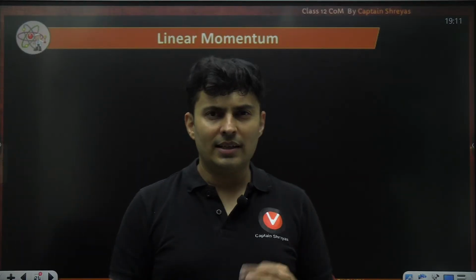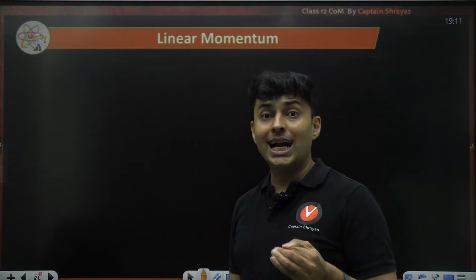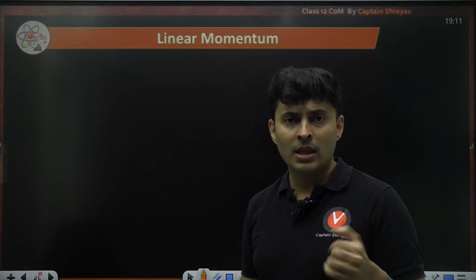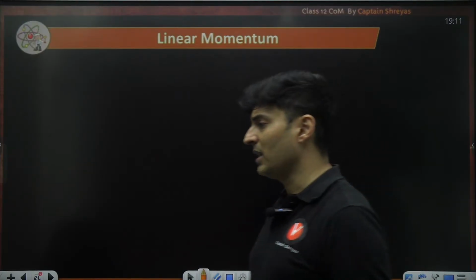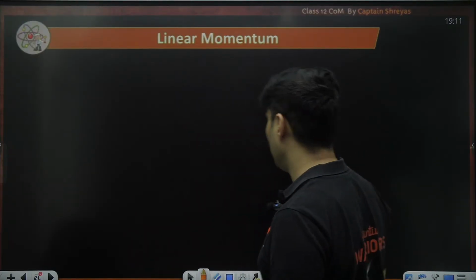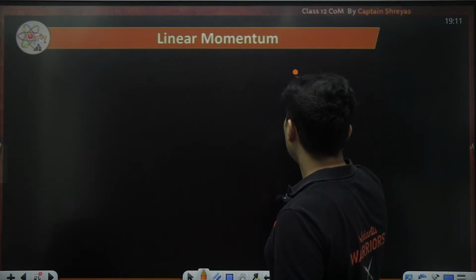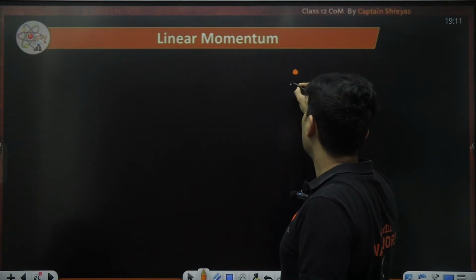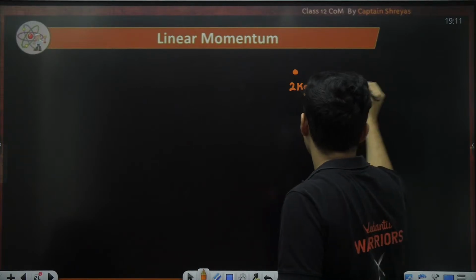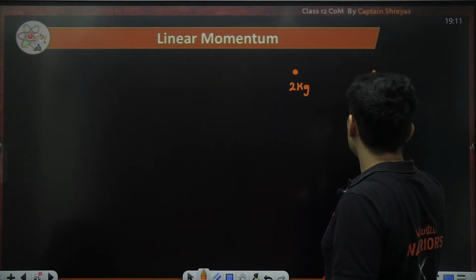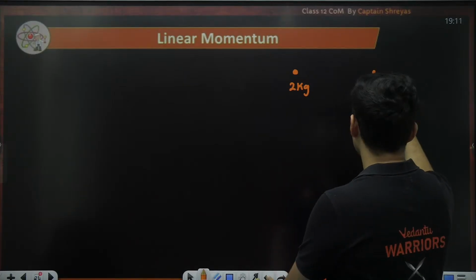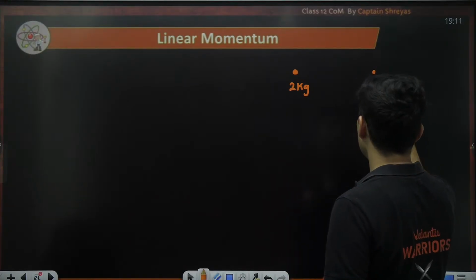Let's say, for example, we try to find the kinetic energy of a system and also the kinetic energy of the center of mass. And let's see how it turns out to be. Say, for example, there is a mass of maybe 2 kg and maybe there is a mass of, maybe 4 kg or let's say 6 kg over here.